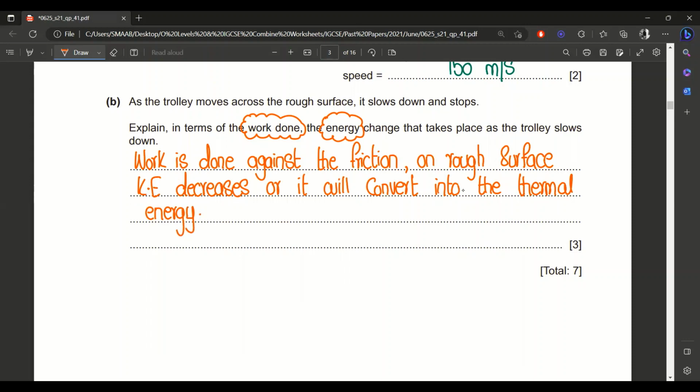So we are getting thermal energy as a result of the conversion of kinetic energy, right? Any confusion? No, sir, it's clear. Okay.